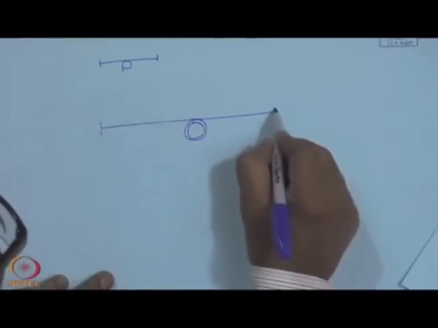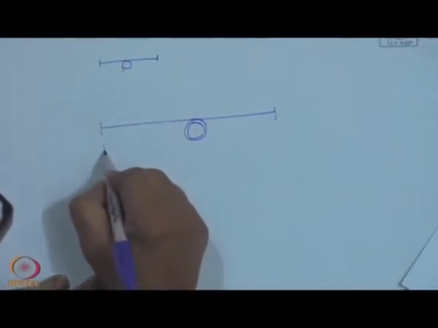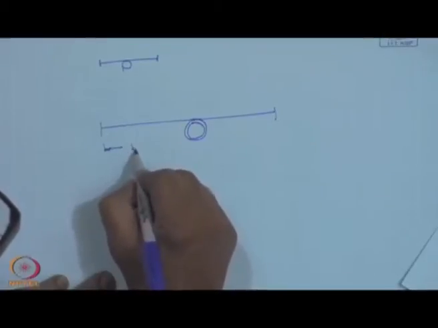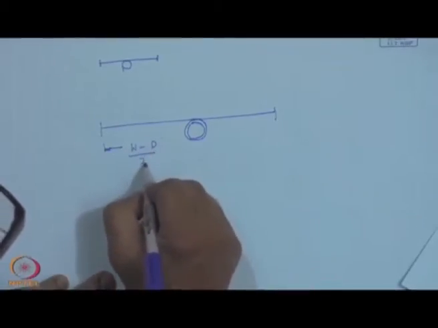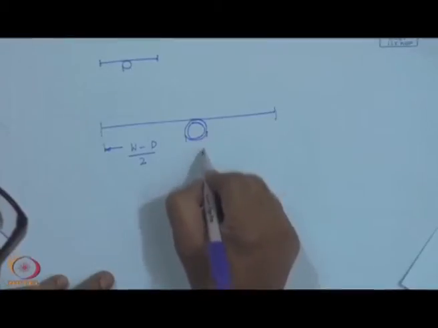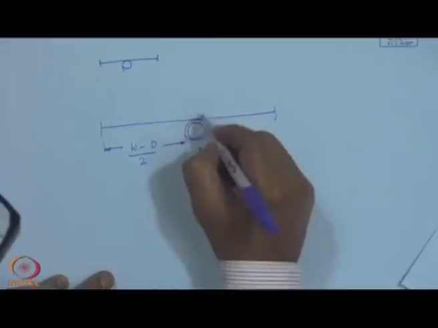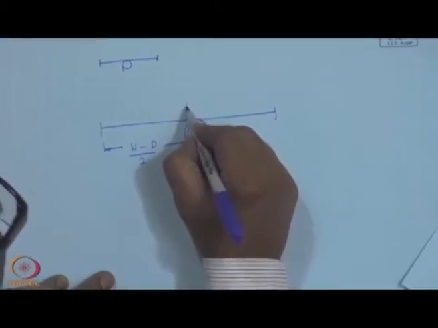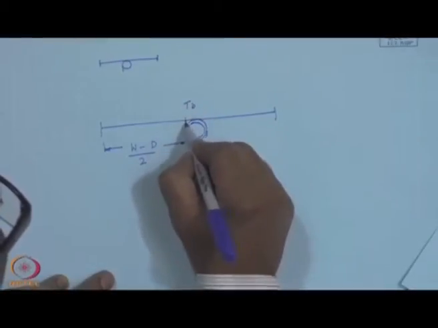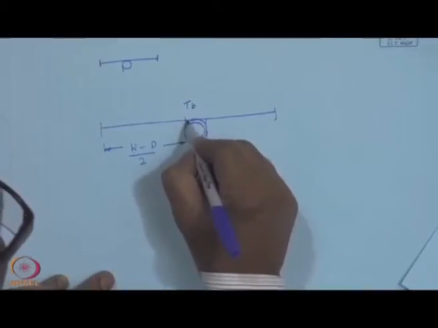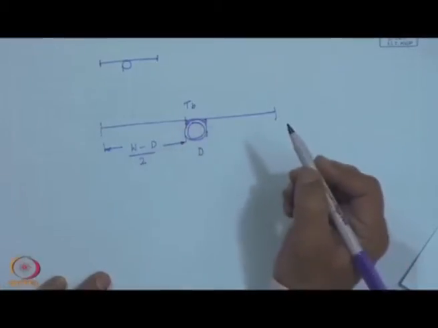This is the repetitive element, and this distance is W minus d by 2 if the diameter is d, and this is at a temperature of T b, and this is bonded by soldering or welding to the tube.